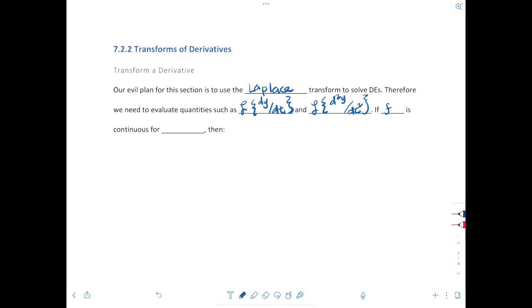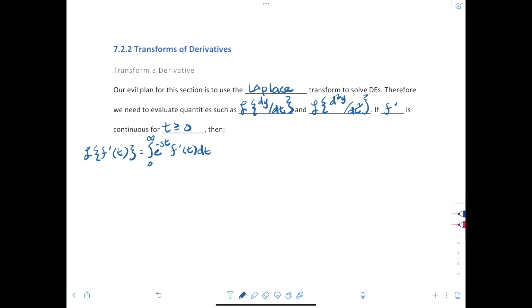If f prime is continuous for t greater than or equal to 0, then L of f prime of t is going to equal, so this is just that general definition for a Laplace transform, the integral from 0 to infinity of e to the negative st times f prime of t with respect to t.